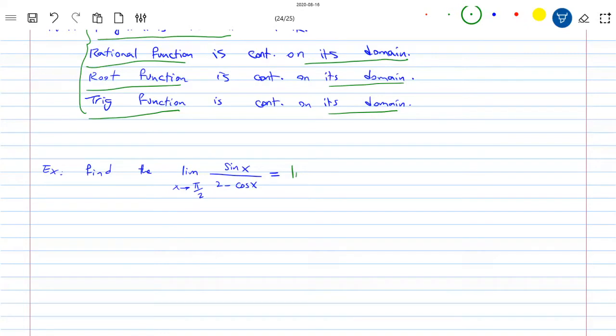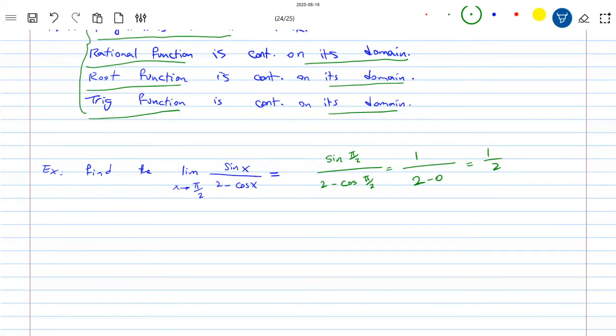If we replace pi half into the function, what we get is sine pi half divided by 2 minus cosine pi half, as x approaches pi half. Sorry, there's no limit anymore since we evaluated. If we do this, sine pi half is simply 1, cosine pi half is 0, 2 minus 0, so we get 1 half.